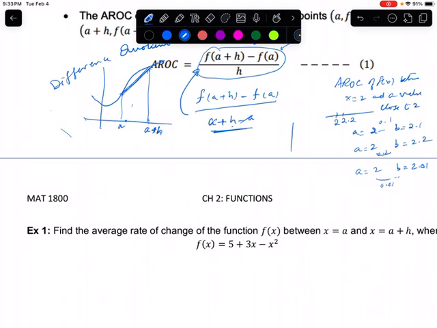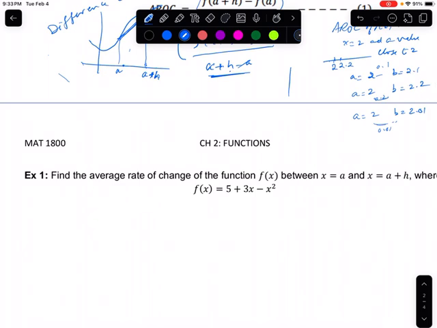So sometimes it could be x is equal to 2 and x is equal to 2 plus h, or 3 and 3 plus h, or some number plus h, or just in general a and a plus h. Whatever, you have to just start with the formula.